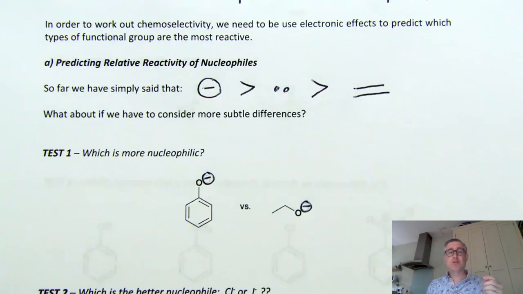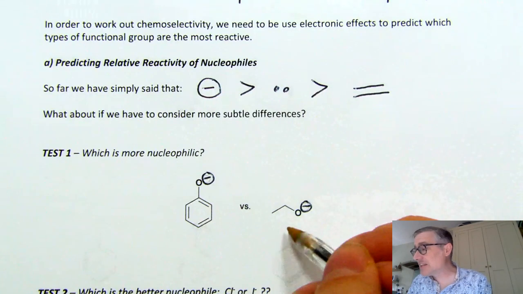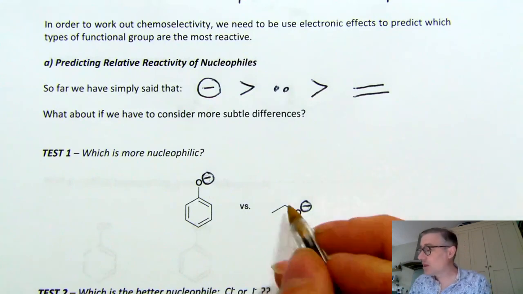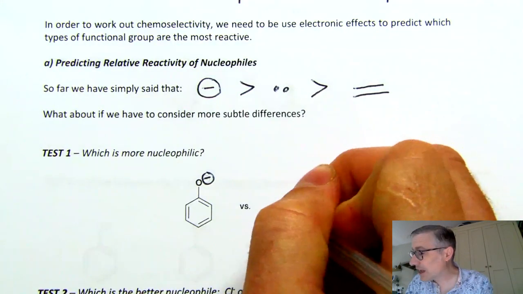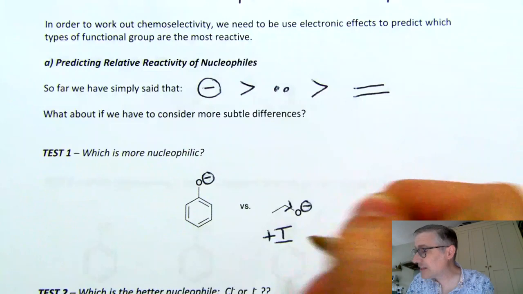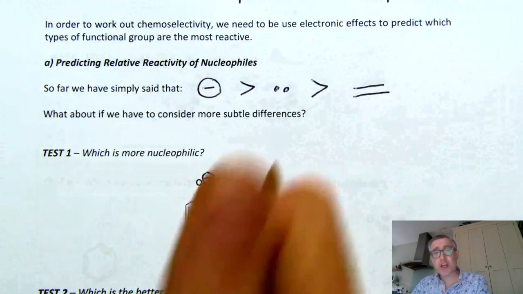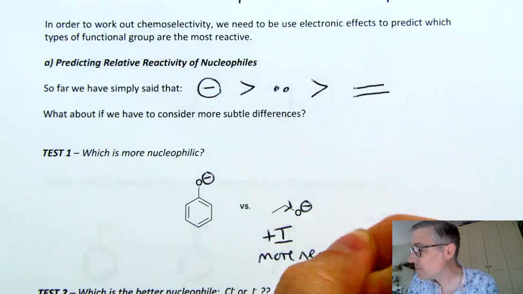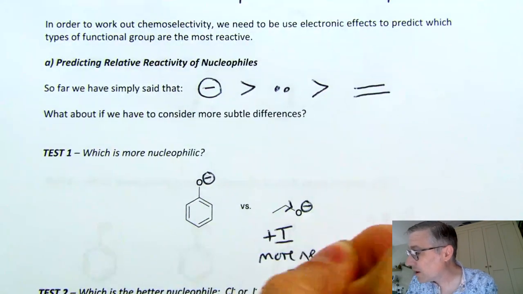Hopefully, you said that the answer is the one on the right. That's the correct answer. Why is it more nucleophilic? The system on the right has a plus I inductive effect, pushing electron density towards the negative charge, making it more negative.